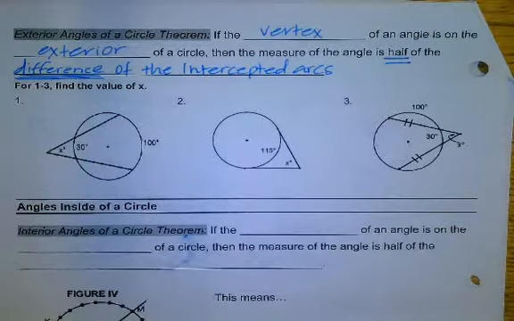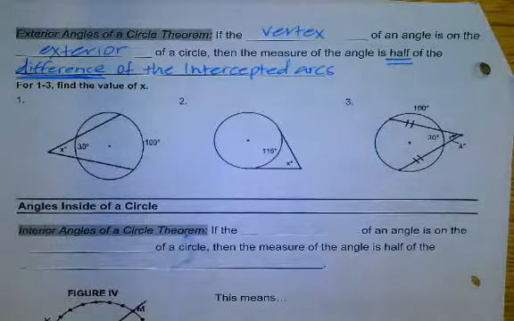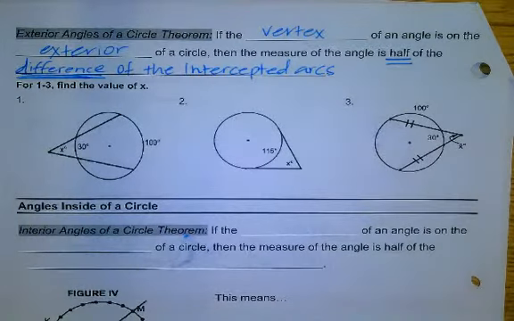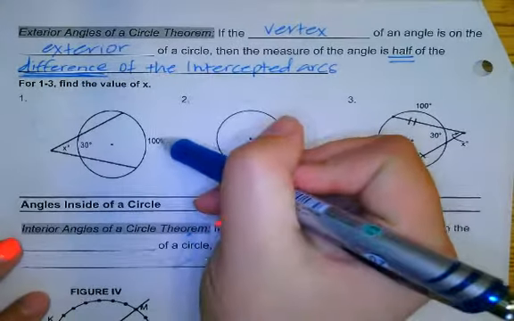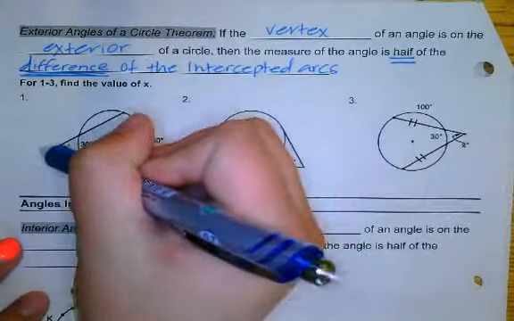Okay, so with that being said, what are our two measures of our intercepted arcs in number 1? 30 and 100, okay? You want to stay positive, so you want to always take your bigger arc minus your smaller arc. Okay, so start farthest away and work your way inside.